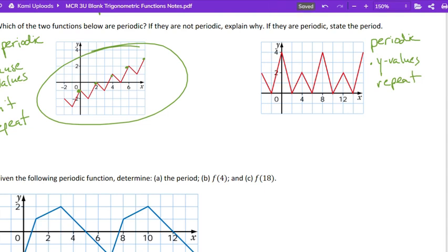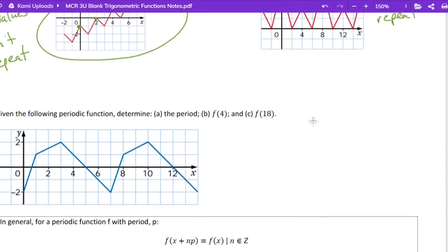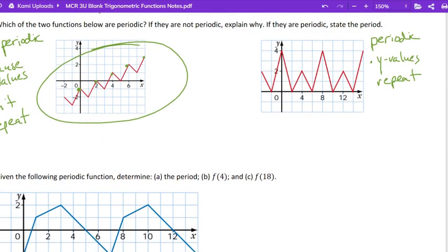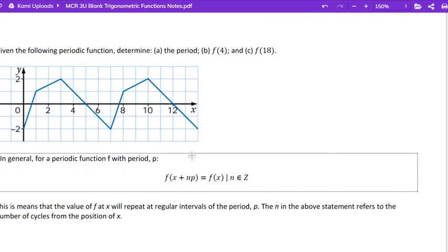Okay, and just to review, actually, let's jump right into the next one. All right, so given this periodic function, determine A, the period, B, f at 4, meaning the value of the function at an input of 4.